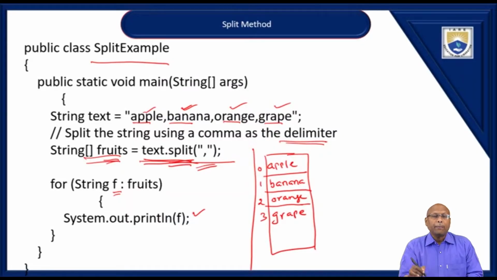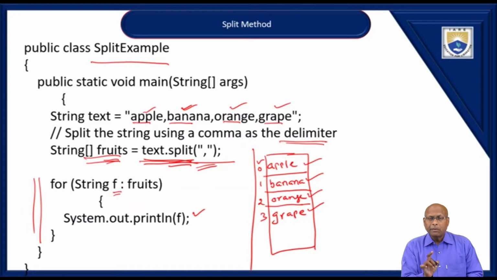So automatically that will create an array, a collection of strings, stored in an array. It will refer based on the index: first the 0th place, then the 1st place, then the 2nd place, then the 3rd place. Now you can print one by one. Once you execute this program, apple, banana, orange, and grape will be printed.